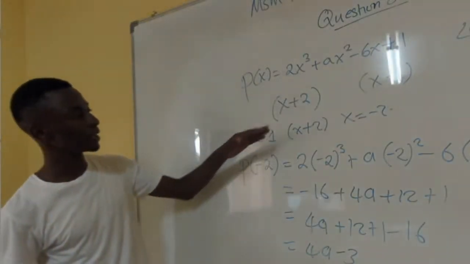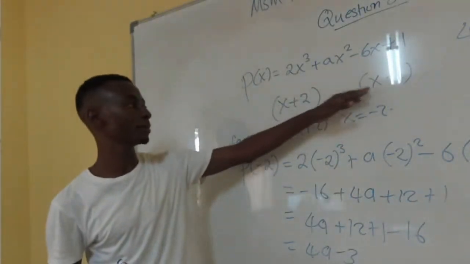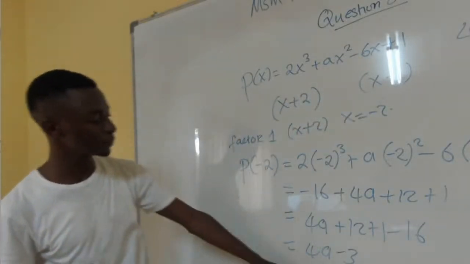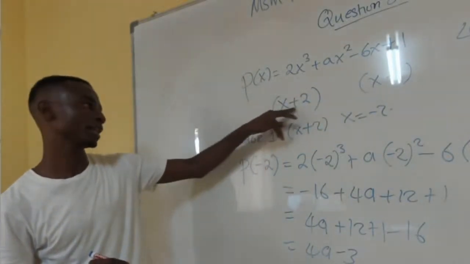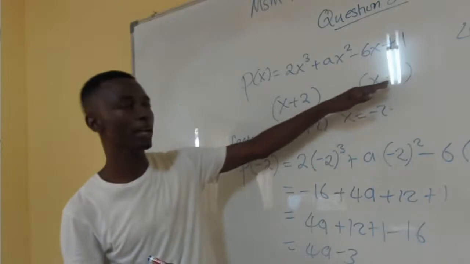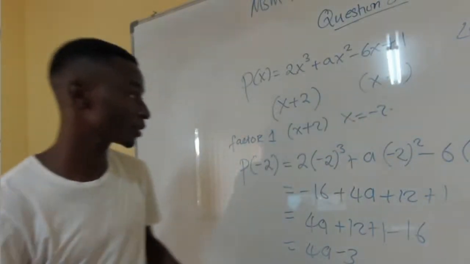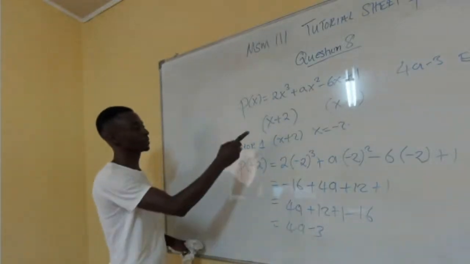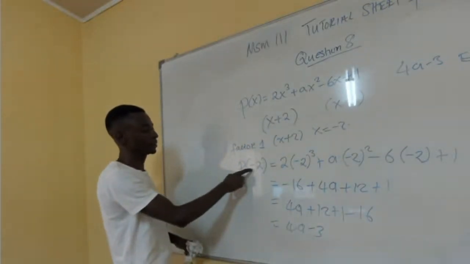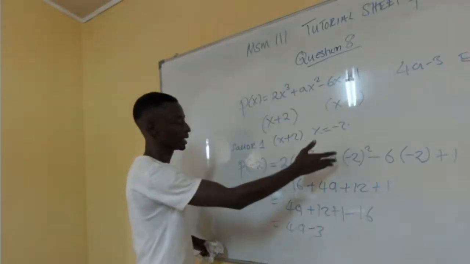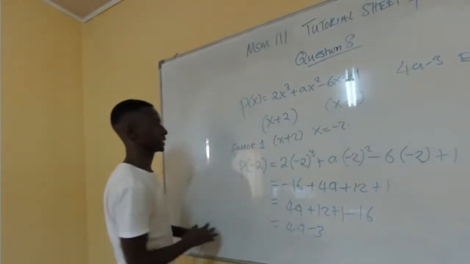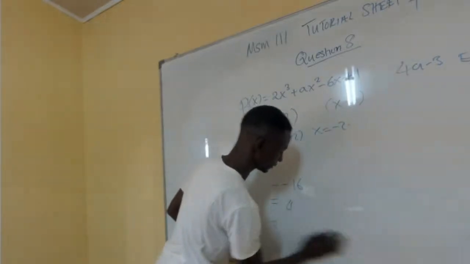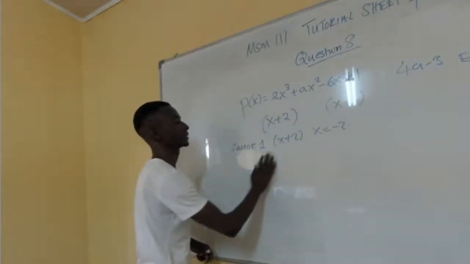So now let's solve equation 2 using the second factor, because we have two factors here, x plus 2 and x minus 1. The one we've solved here is for x plus 2. Now we want to know the equation for x minus 1. So now let's find the equation, or the function, for the second factor.